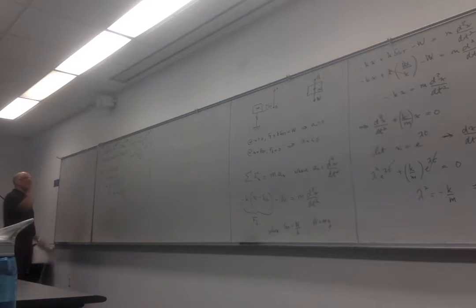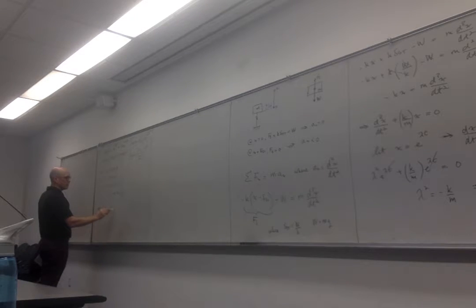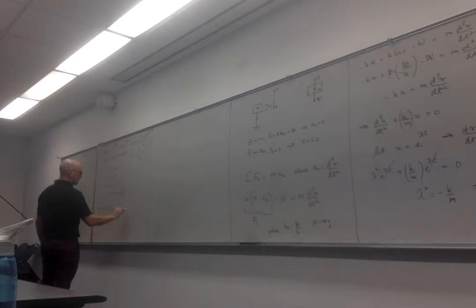So if we replace that into our general solution, we obtain x of t. We're going to have A in both of these terms, so we can take it out. I'm going to have cosine pt times cosine phi plus sine of pt sine phi.